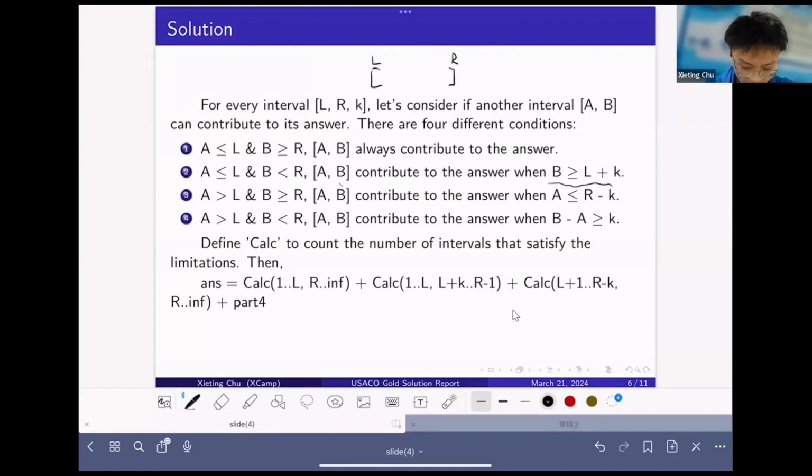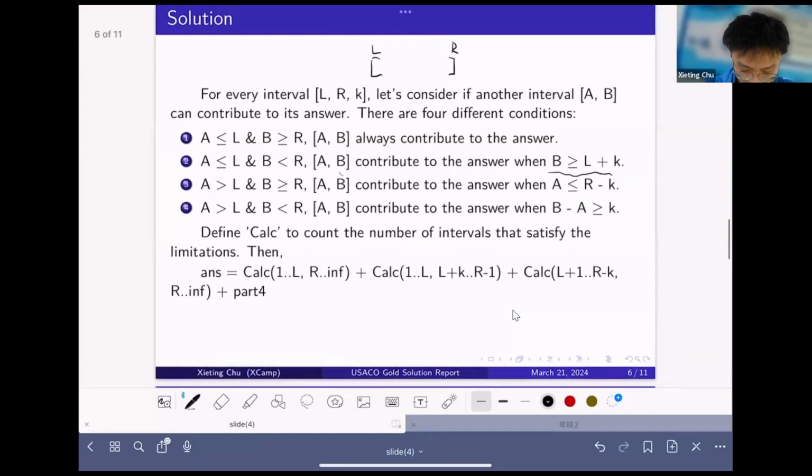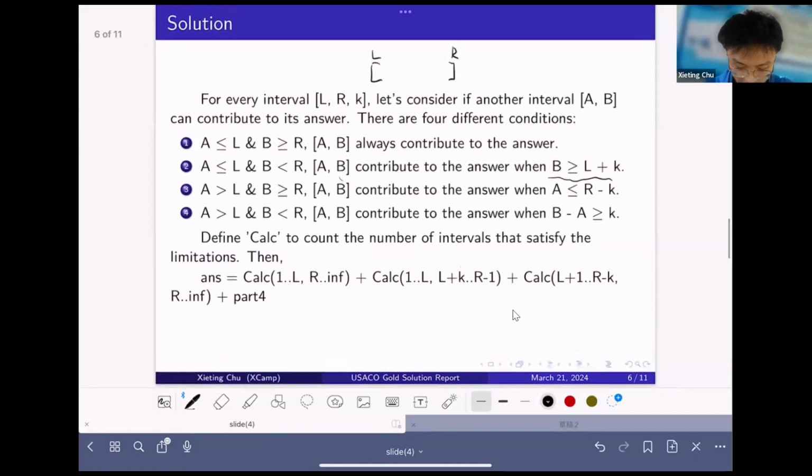And if we sum them up, and define calc to count the number of intervals that satisfy the limitation that the L position is in the first part and the R position is in the second part, then we can write down the formula of the answer as calc(1 to L, R to infinity), plus calc(1 to L, L plus K to R minus 1), and so on.